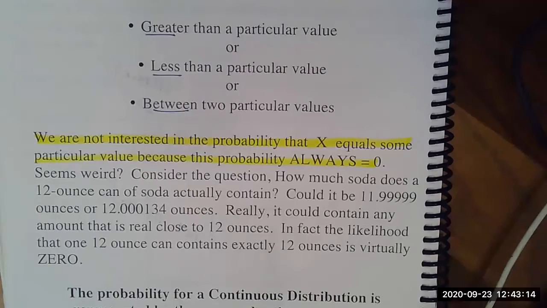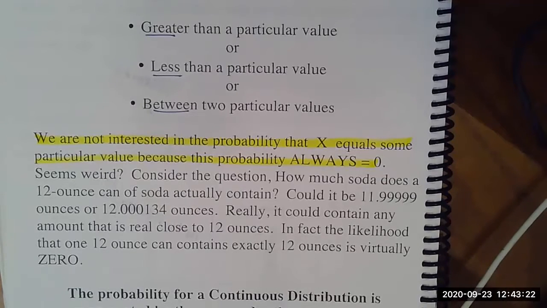And so the likelihood of getting exactly 12 ounces is probably not very big, because they have machines that fill up each can. Maybe there's a little dribble that missed, or a little dribble extra that got there before they put the lid on. That's why the probability is 0 that you'll get it exactly, because it's highly unlikely.